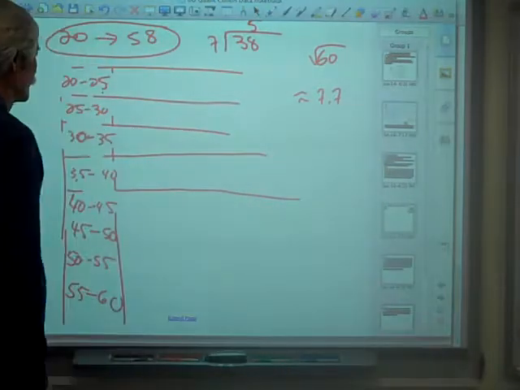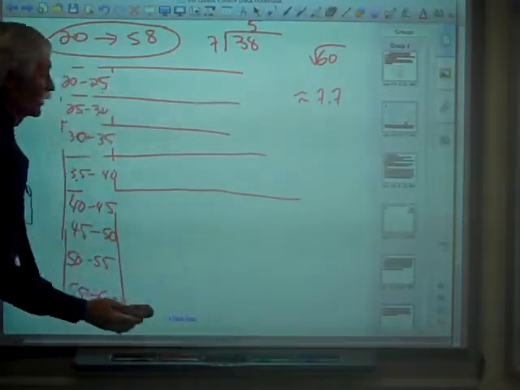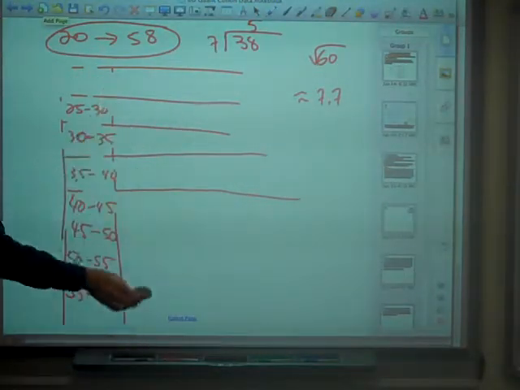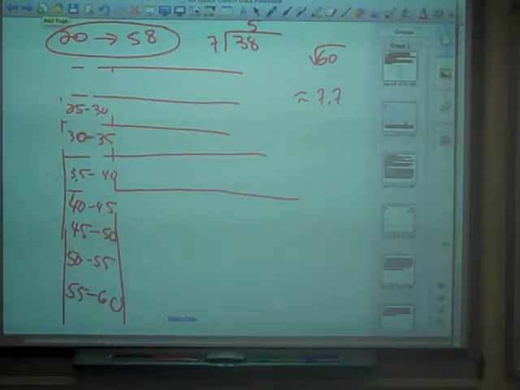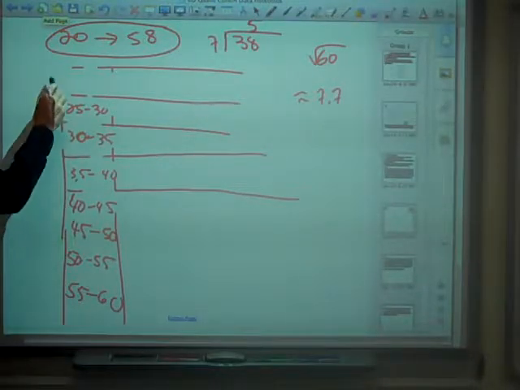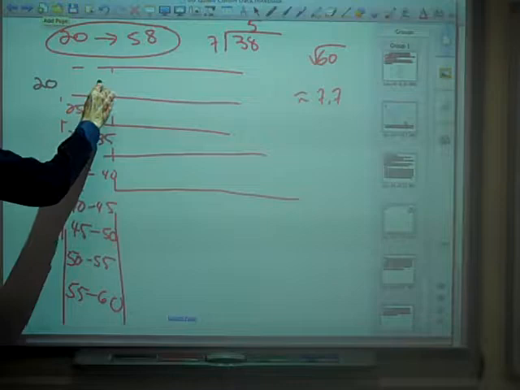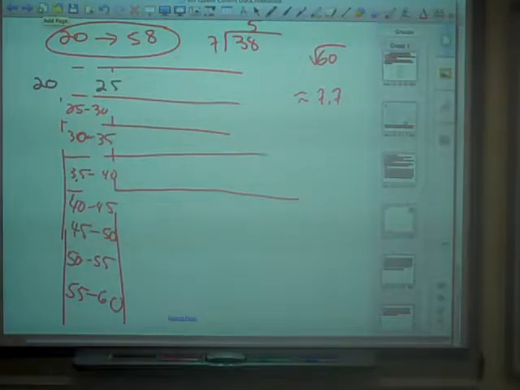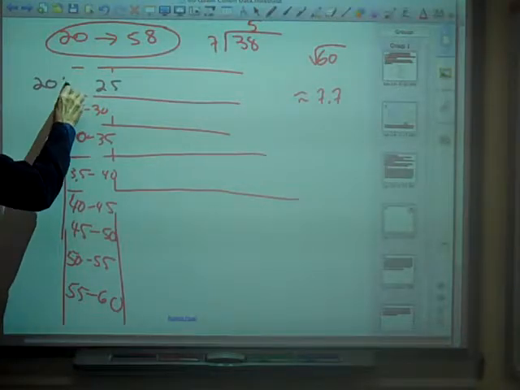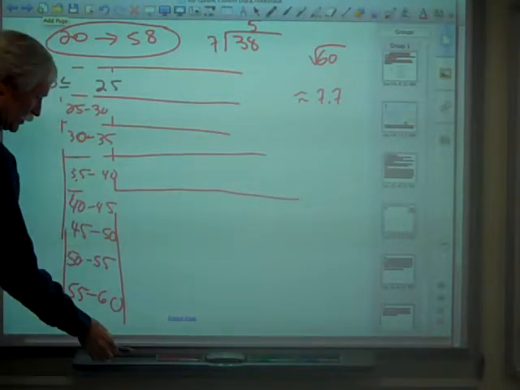Okay, so what are we really going to write here for our groupings? What was the sample from the last chart? 25 is less than or equal to 30. What did we put? This side was the less than or equal to.